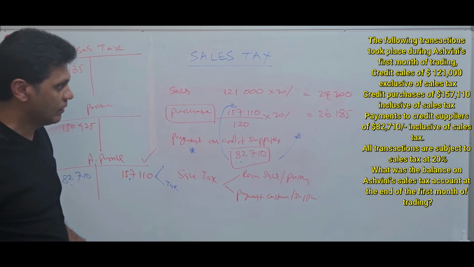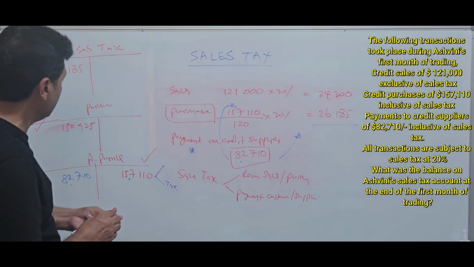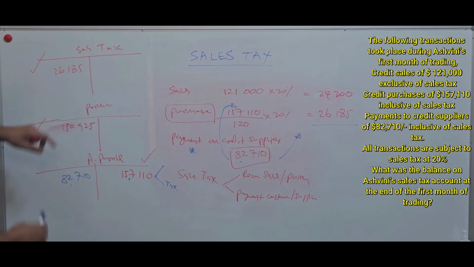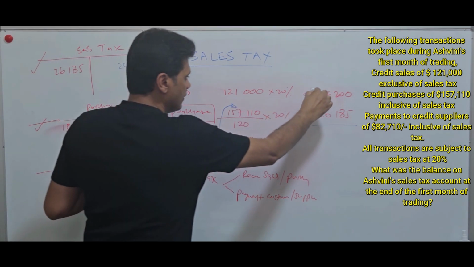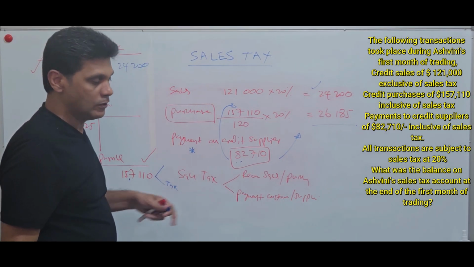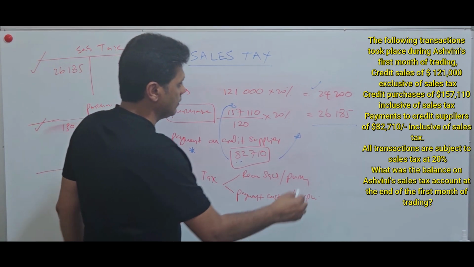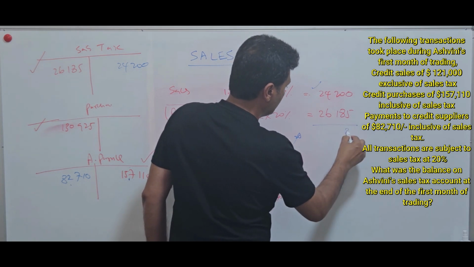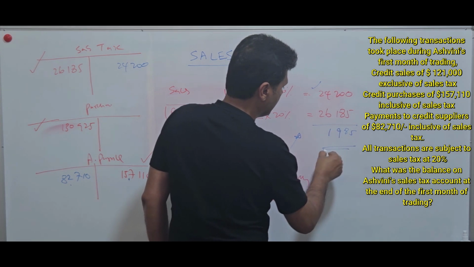Is that clear? Okay. So if you take the difference in the sales tax, the receivable is 26,185 and the payable is 24,200, right? What is the difference? 26,185 minus 24,200 is 1,985.